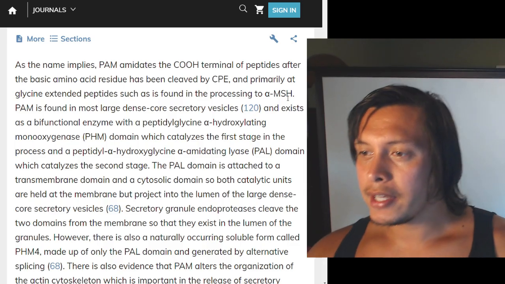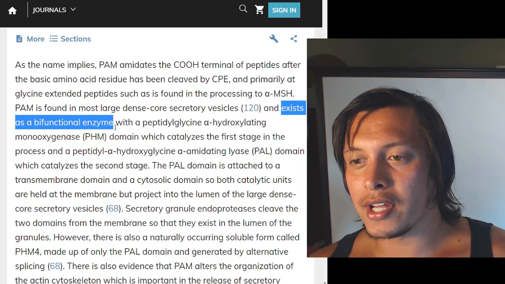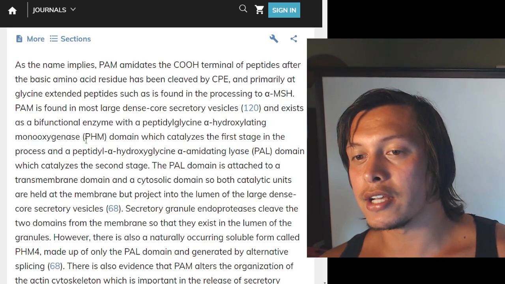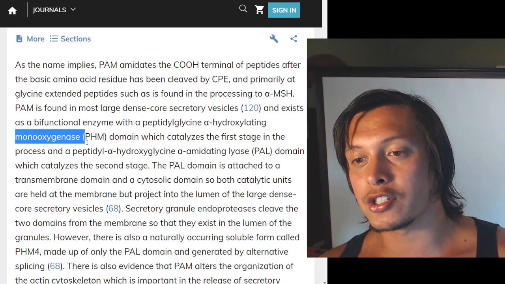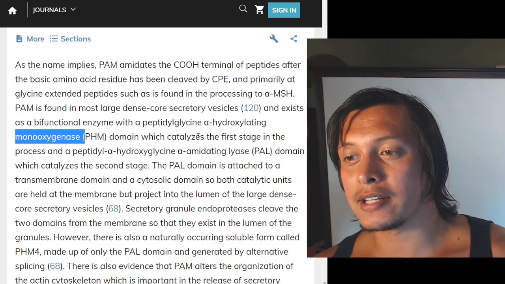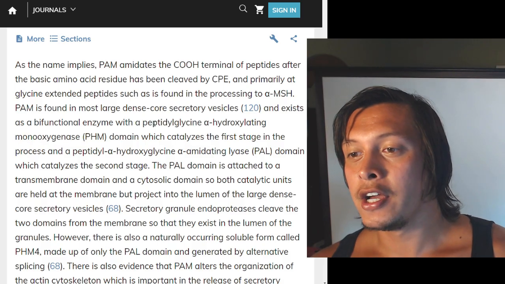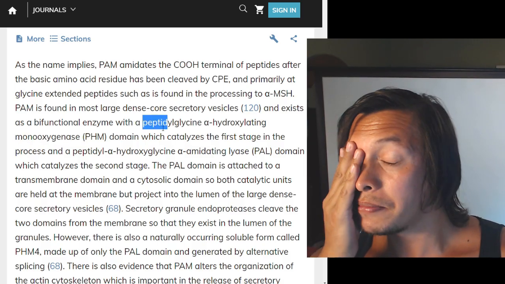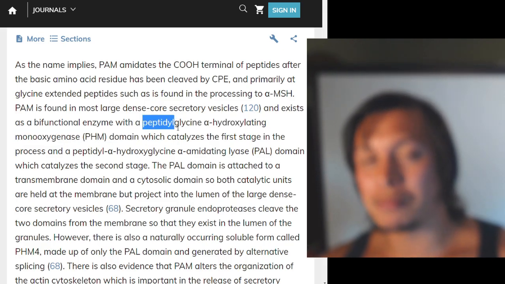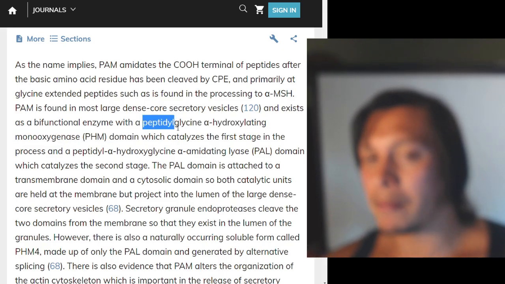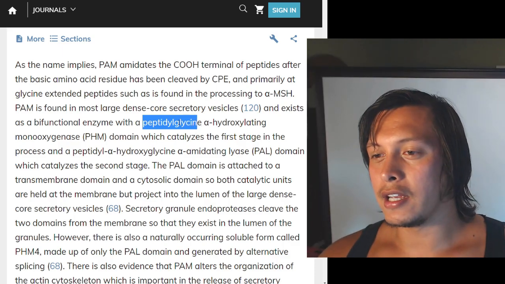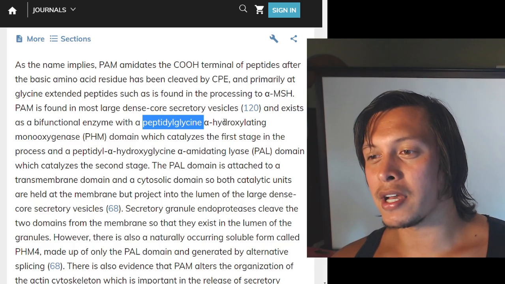This PAM exists as a bifunctional enzyme with the peptidoglycine alpha hydroxylating monooxygenase, which is why they're calling it a monooxygenase, because you're adding one oxygen atom to that peptide. So many words. Peptidyl means it's a part of a peptide, so peptidylglycine is the glycine on the peptide.